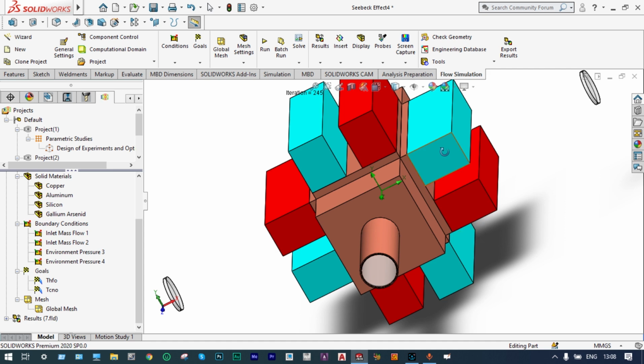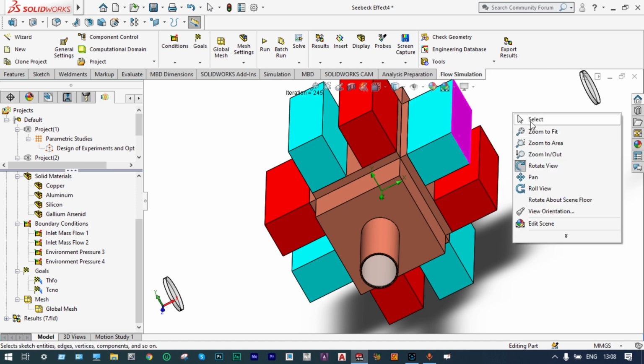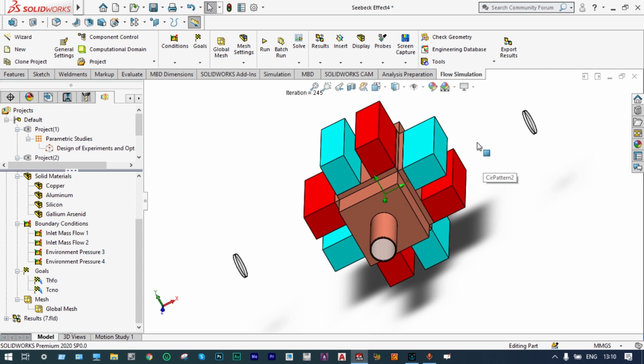So in this way we have to get the temperature difference at silicon and gallium surface only. Okay, so we need not take the temperature at the back side because it is already connected with the metallic plate, right? So we need to take the temperature difference between these two surfaces for the set of complete 4 numbers of silicon and gallium arsenide.